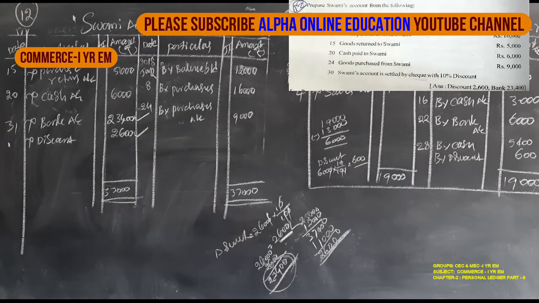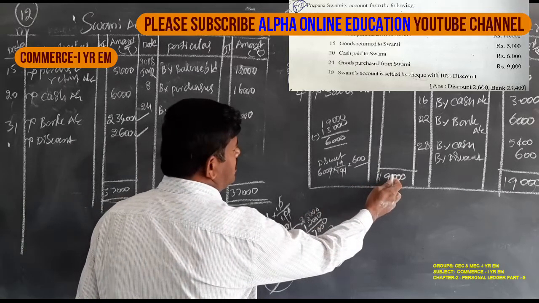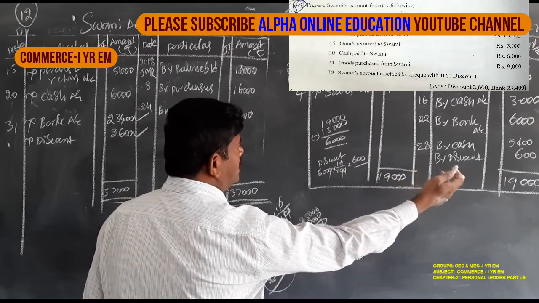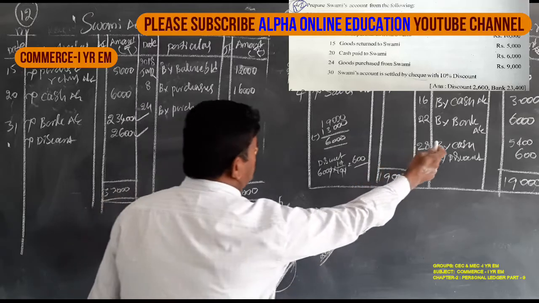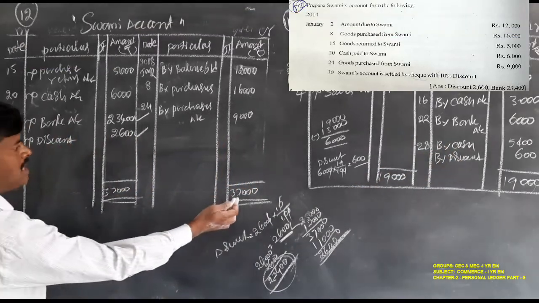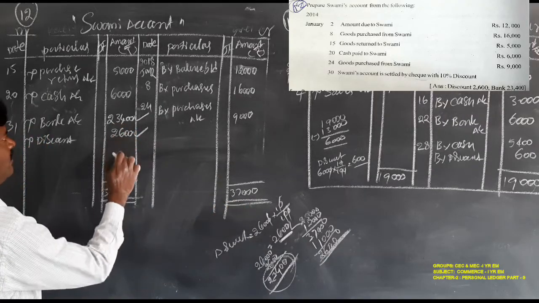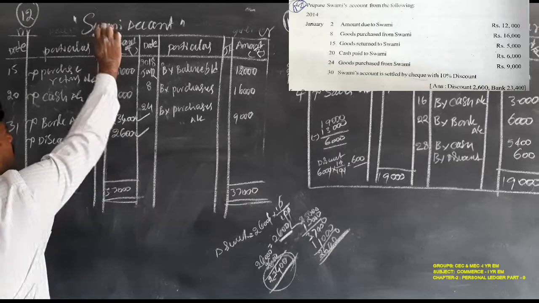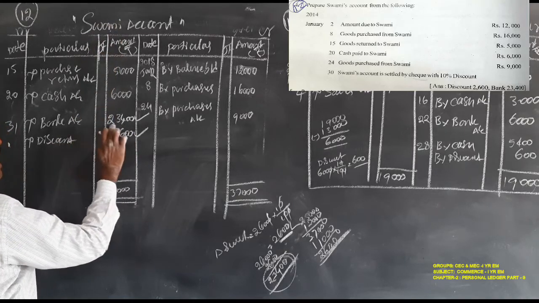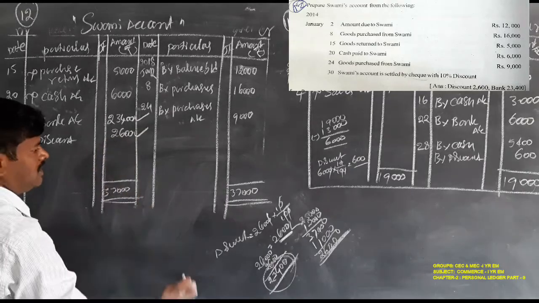Okay? In the previous problem, highest amount this side, lowest amount that side, so you have to write here only, by cash, by discount. As per this problem, highest amount this side, lowest amount this side, so the difference amount must be paid to Swami. So to bank account 23,400, discount 2,600. How to get 23,400?